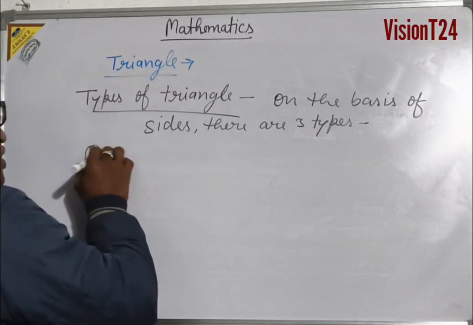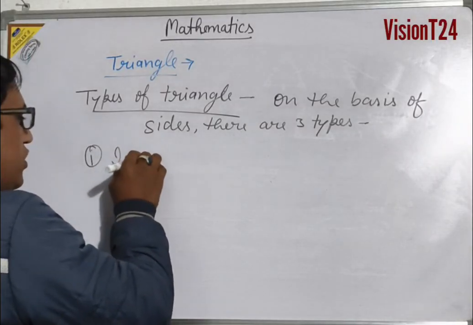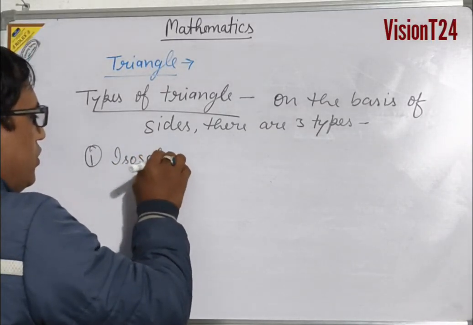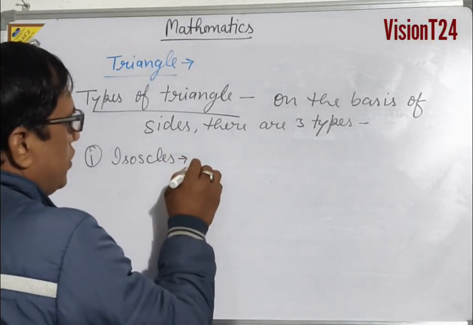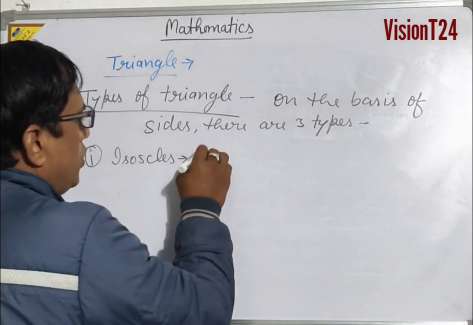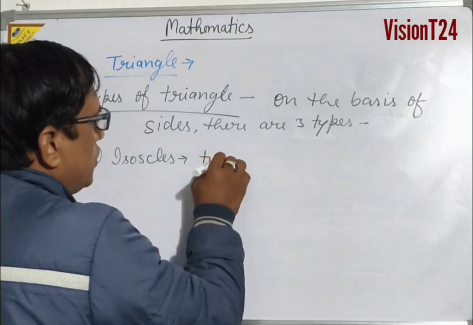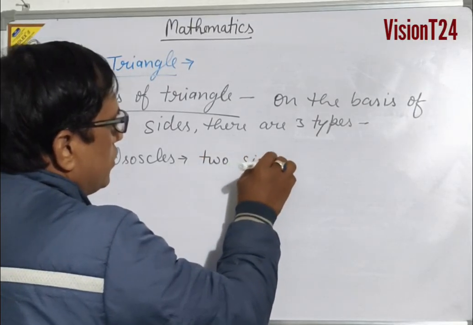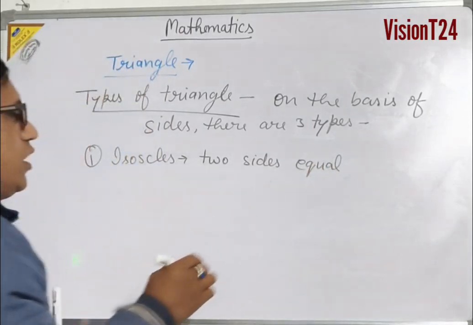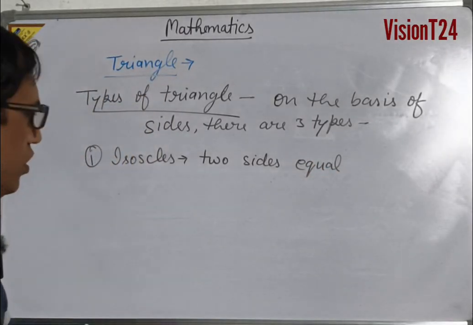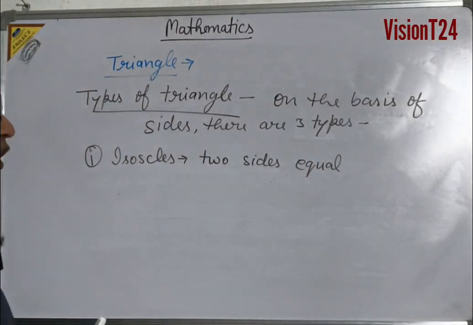First one is isosceles. Isosceles means they are having two sides equal. If a triangle has two sides equal, that will be called isosceles triangle.